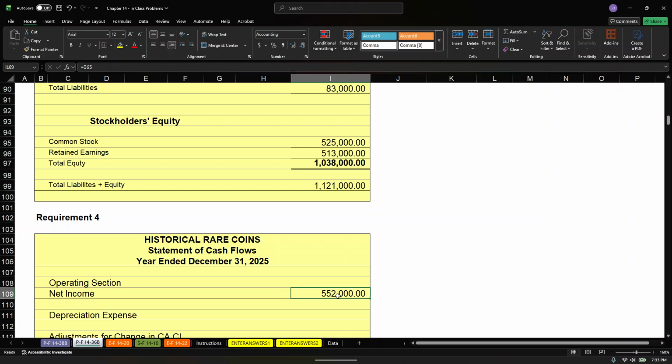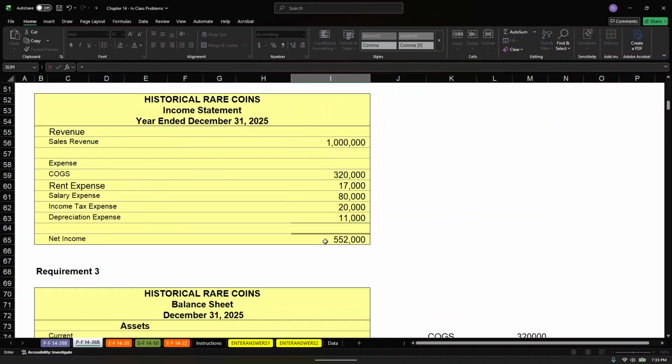The goal of this again is to take net income as a starting point and adjust it to get how much cash is actually baked in there. So we need to add back depreciation expense because we know it's definitely nothing to do with cash. Okay, so we're going to add that back.